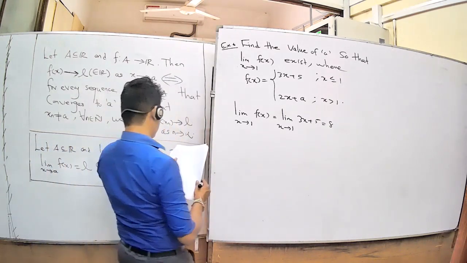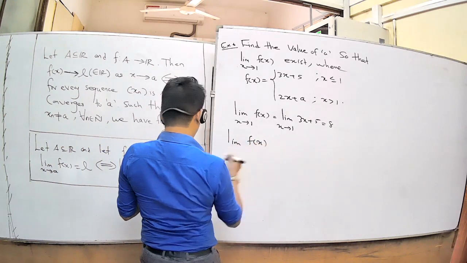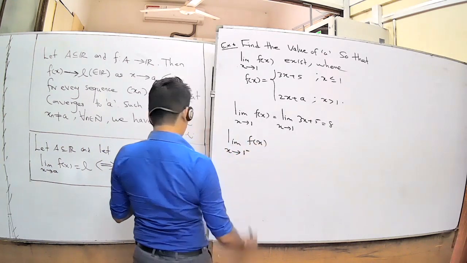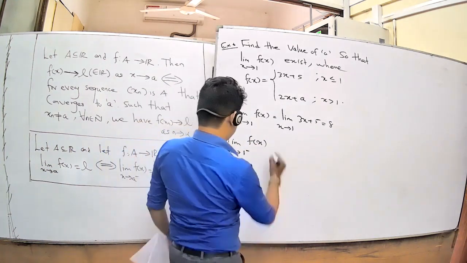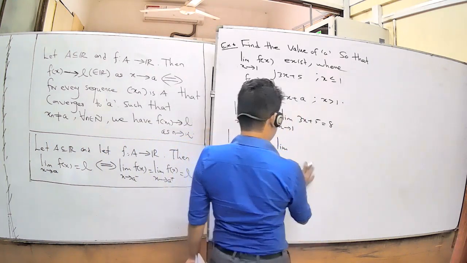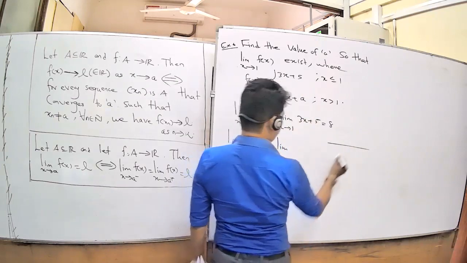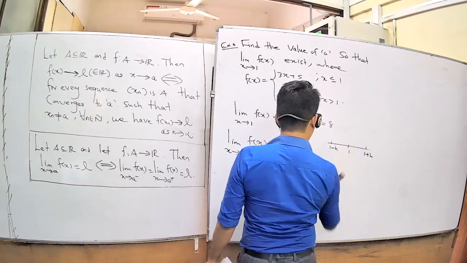First, you take the left limit, limit of f of x as x tends to 1 minus, denoted as the left limit. Okay, right. Here you take the point 1, so 1 plus h, 1 minus h.